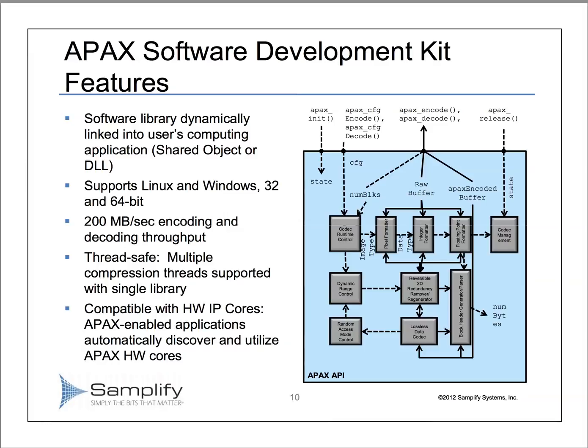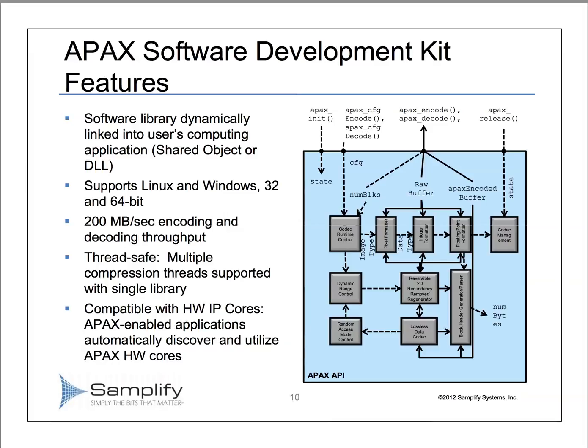And again, this very unique feature is that the API for our software development kit is the same as it is for the software drivers that go with our hardware IP cores. So as HPC users APAX enable their applications, they will get to take advantage of future APAX enabled hardware as that gets deployed in the data center without having to recompile their software.